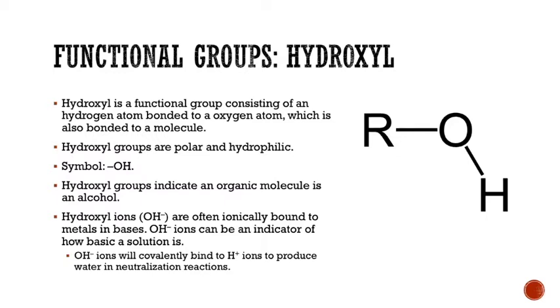If you remember the pH scale, a standard acid that you would use would be hydrochloric acid, which is HCl, and you might neutralize that with a sodium hydroxide base, which is NaOH. When you put those two together, the hydrogen from hydrochloric acid will interact with the hydroxyl group to make water, and the sodium will react with the chlorine to make salt.